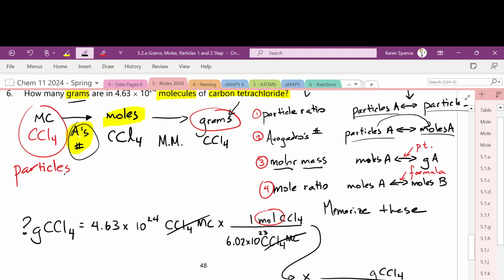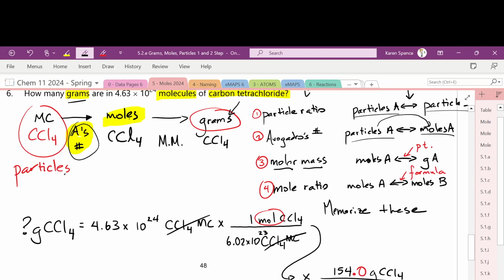The molar mass of carbon tetrachloride, I gotta add it up: 35.5 times 4 plus 12 equals 154.0, don't forget your 0.0, grams per 1 mole.